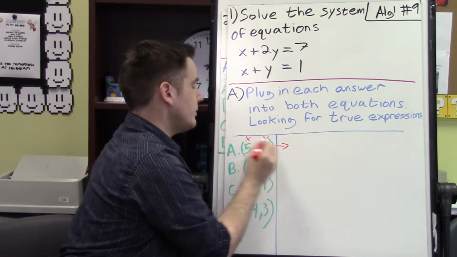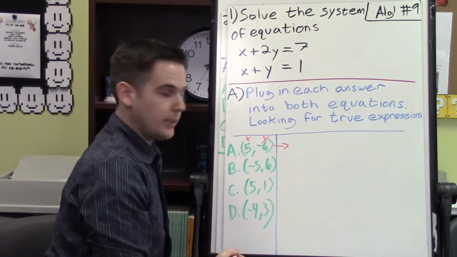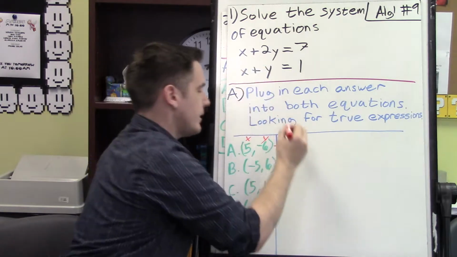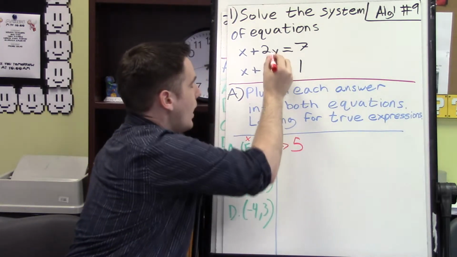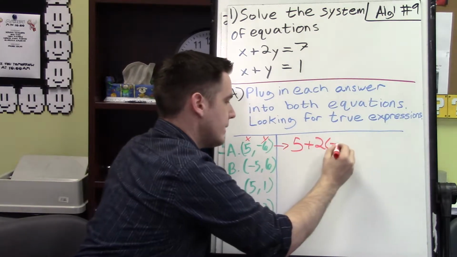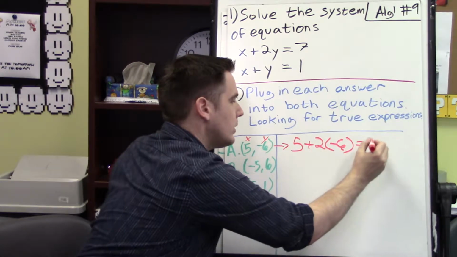Let's take the first problem on top and substitute. We're going to start with answer A and try them all out until we find something that works. So 5 and negative 6: x is 5, plus 2 times y, which is negative 6, and that's supposed to equal 7.